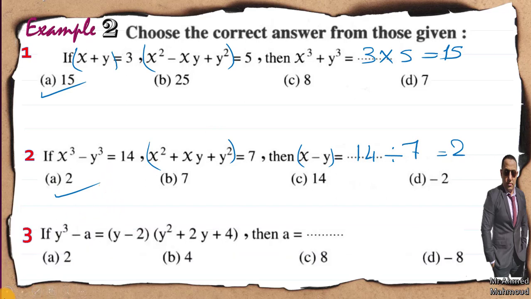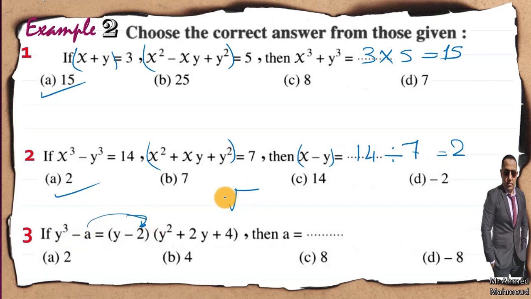y power of 3 minus a equals y minus 2 times y power of 2 plus 2y plus 4. The a, its cubic root is 2.